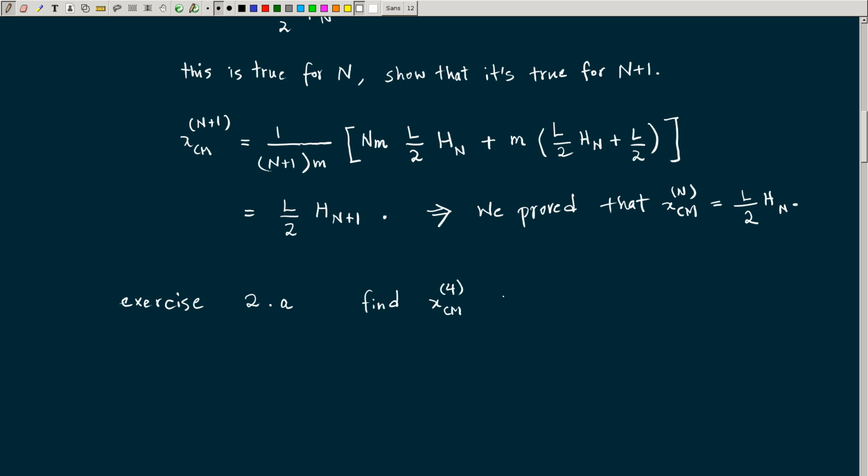Find, or basically show that it's 25 over 24 L, but let me just say find it, and show that the last book, which is the top one, is after the edge of the table.